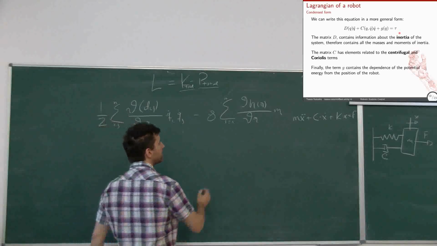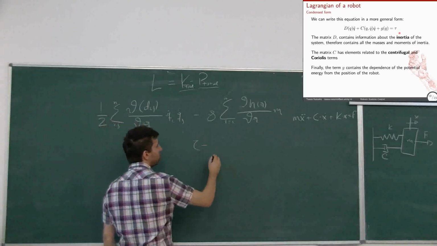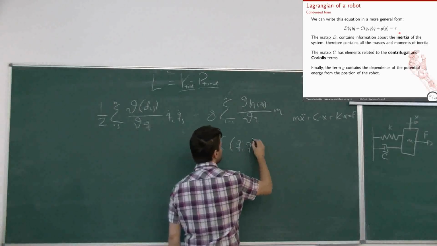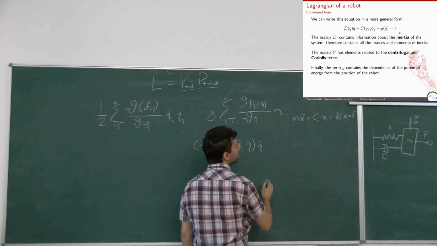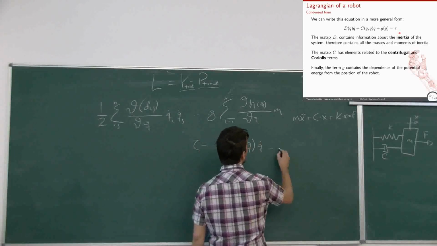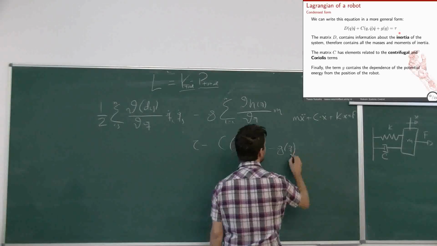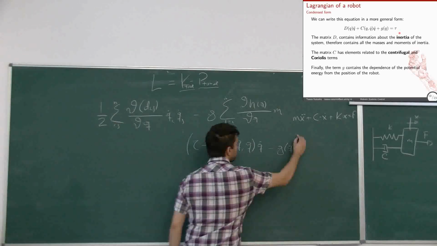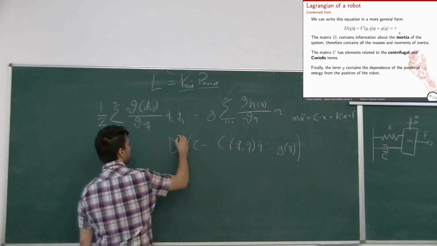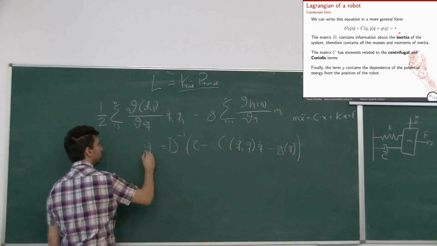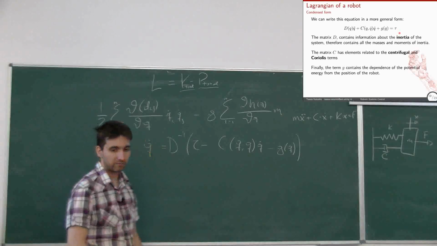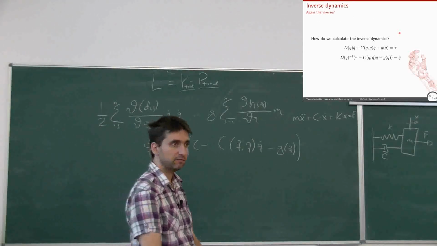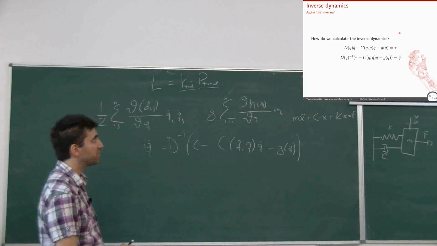So I write tau minus C(q, q̇) q̇ minus G(q), and we multiply from the left with D^-1, and this will be equal to q̈. Simpler than inverse kinematics.